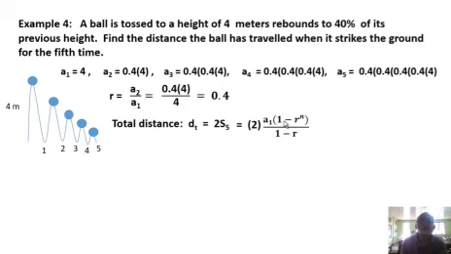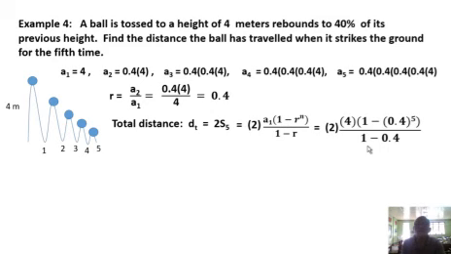The first term is 4. Our common ratio is 0.4. N is 5. Okay, substitute. A sub 1 is 4. Common ratio r is 0.4. N is 5 over 1 minus 0.4.